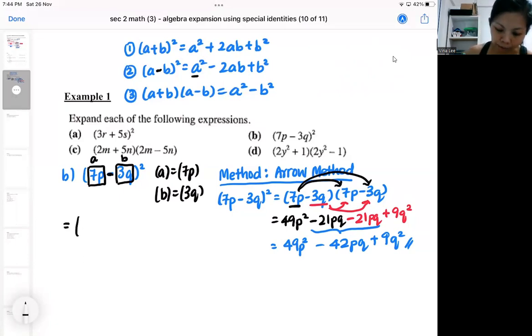So the A will be 7p with a bracket. Let me emphasize the bracket. And 2ab, and a b squared.